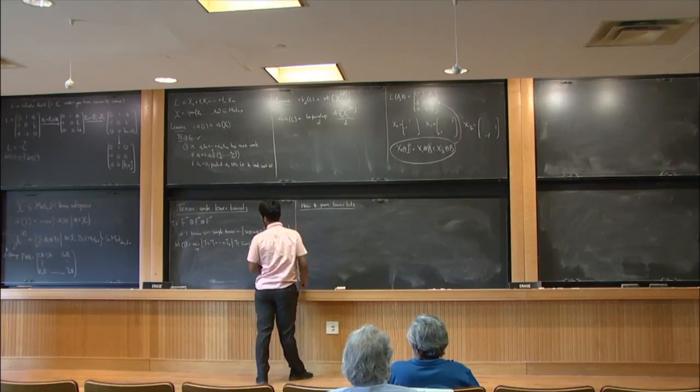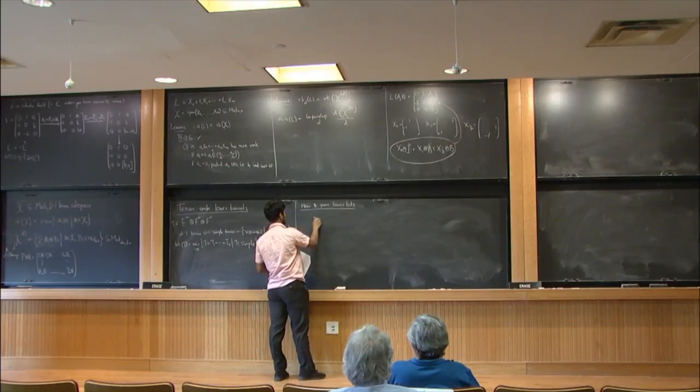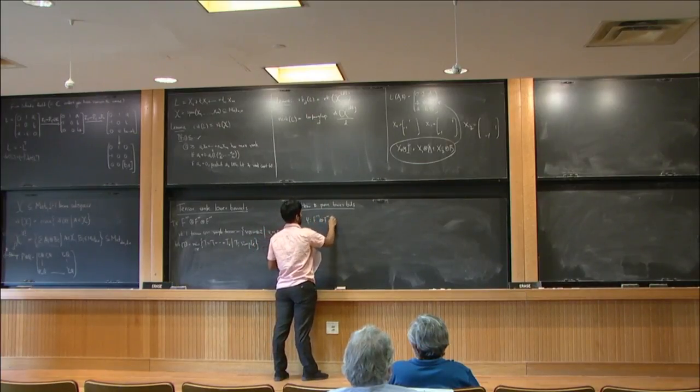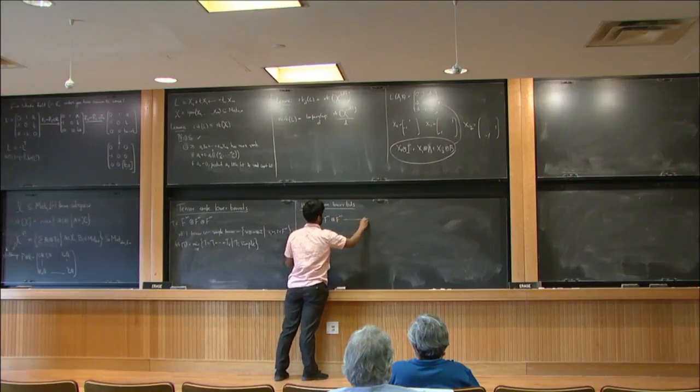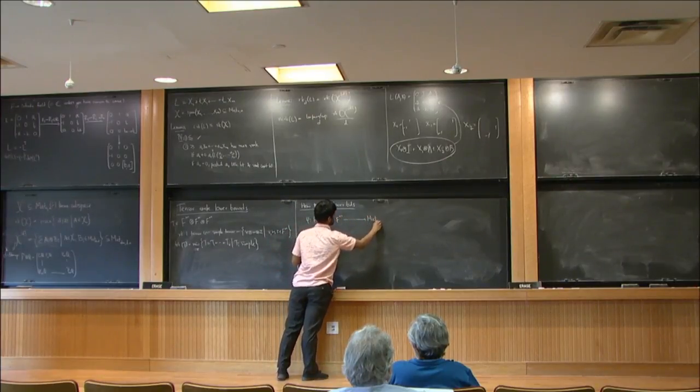You start with a map which is linear into matrices. I want to call my map phi, into some large D by D matrices.